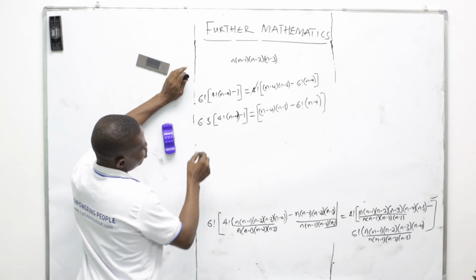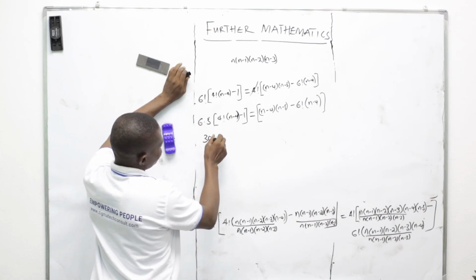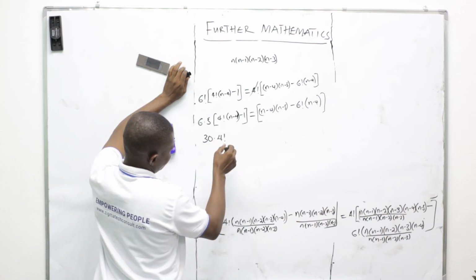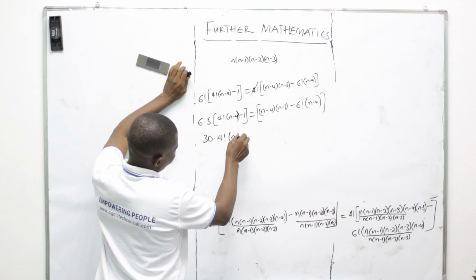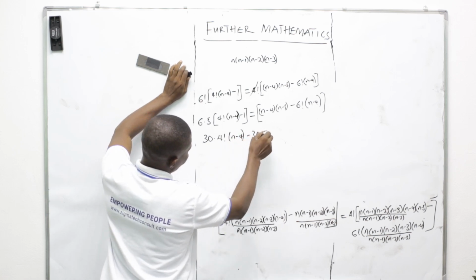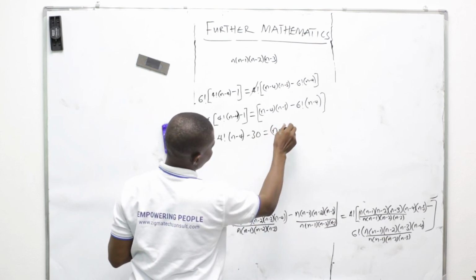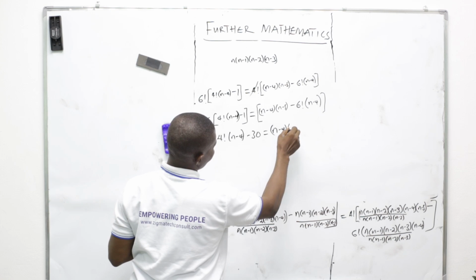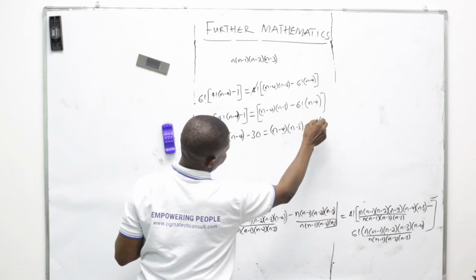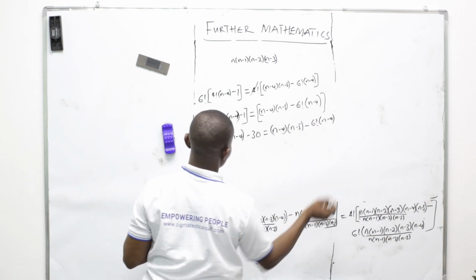if you try to open here, we're going to have, this is 30 into 4 factorial into n minus 4 minus 30 equals n minus 4, n minus 5 minus 6 factorial into n minus 4. Close it.